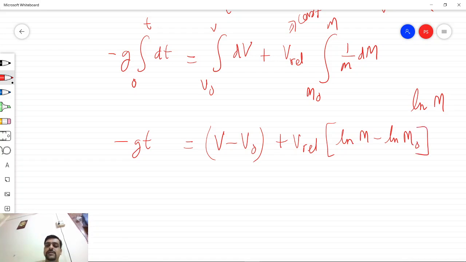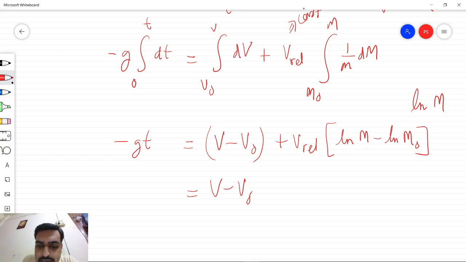Now we can adjust this term a bit, because in v minus v0 plus v relative, this term has to be adjusted because m0 is the larger quantity than m. m0 is the initial mass, and as the rocket moves ahead, its mass is going to decrease.